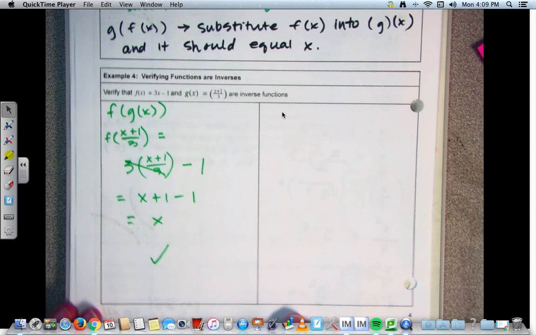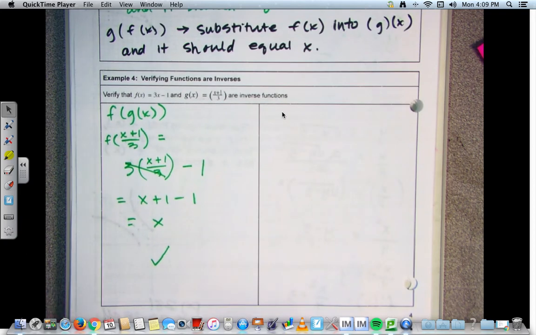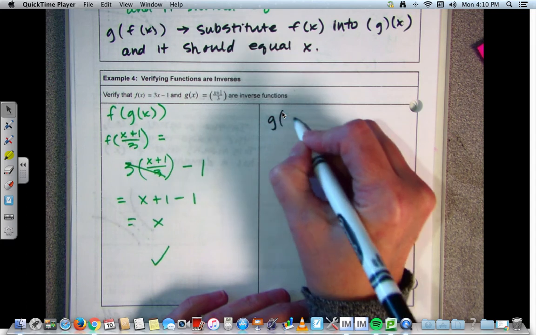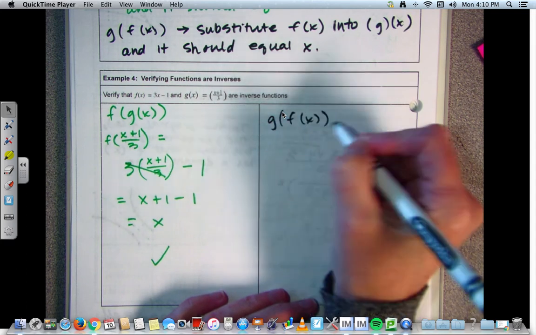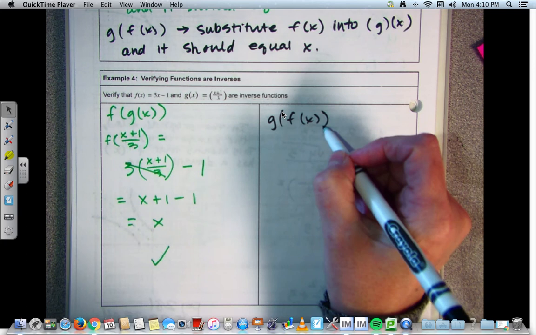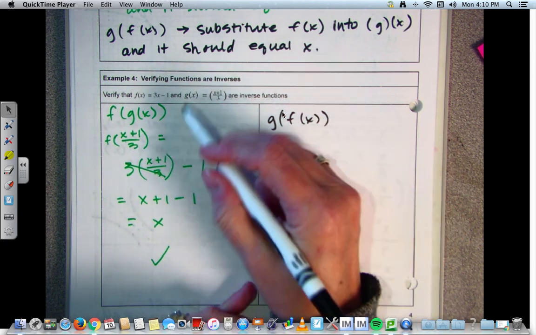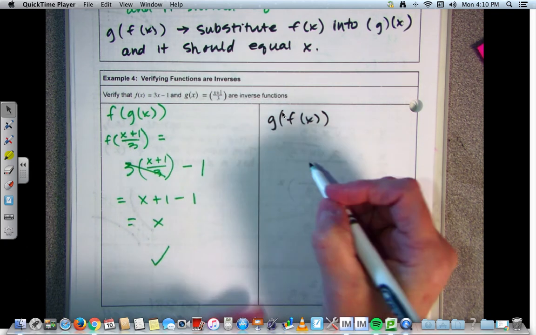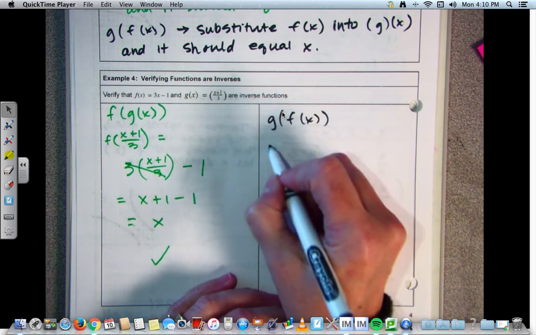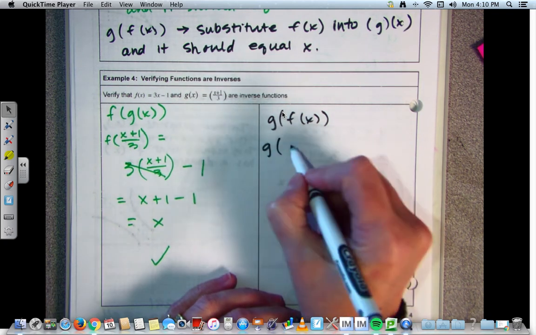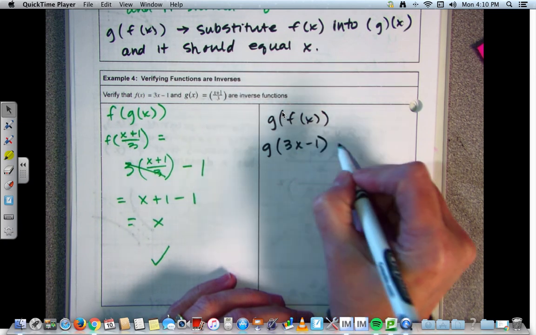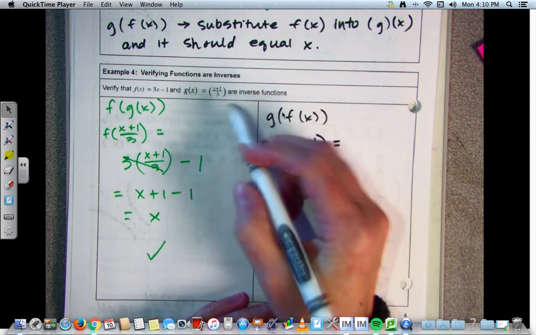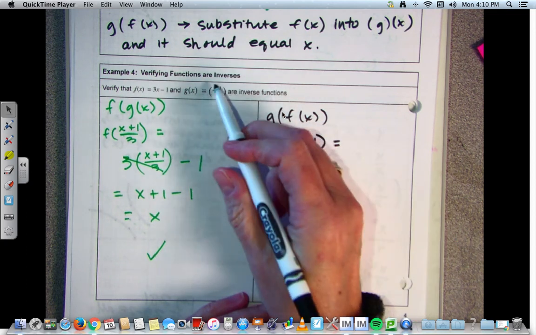We need to try the other way around as well. So this is g of f of x. That means that we take our f of x and substitute it into the g of x, only in that place where the x is. So g of 3x minus 1 equals, we take this quantity and substitute it into g of x only where the x is.